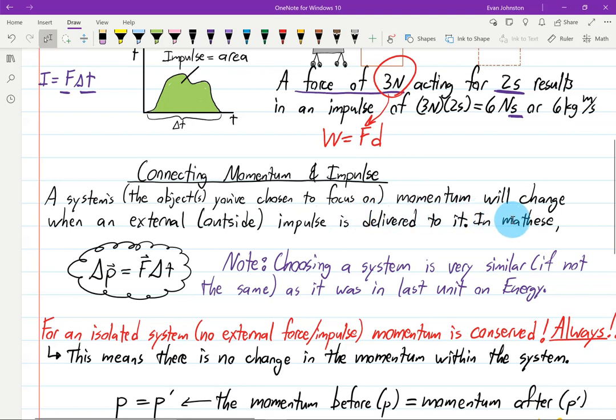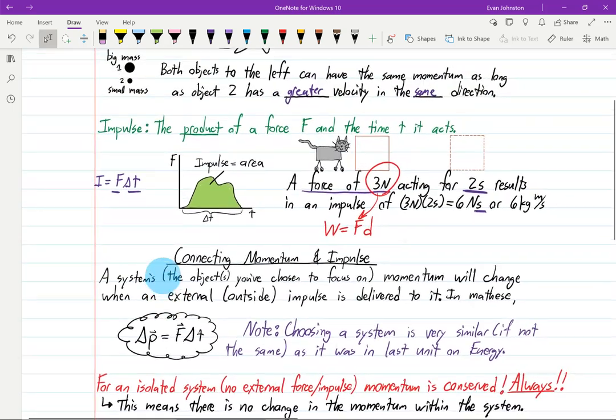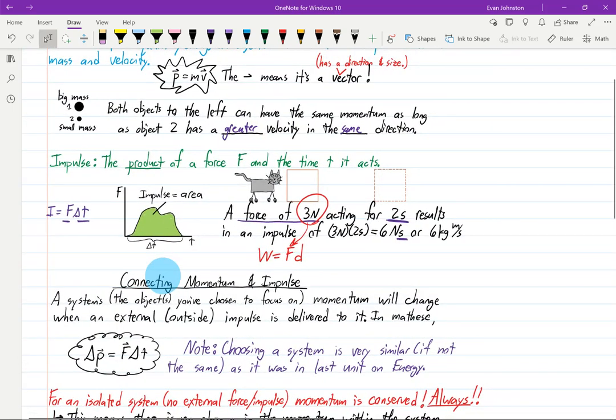So in math language, a change in momentum is due to an impulse. Essentially we've taken these two equations and connected them together. We said that changing this is equal to this. That's really it. We've just taken these two and slammed them together. And so what that means is we can start playing around and connecting things now.